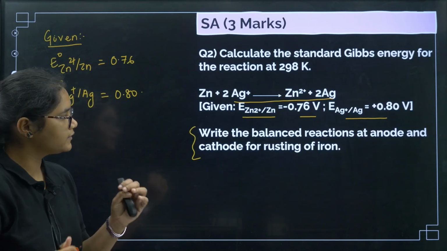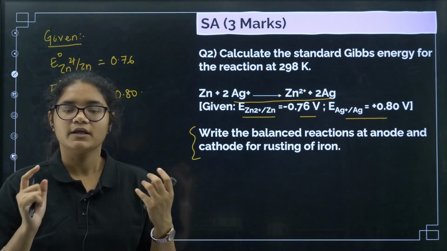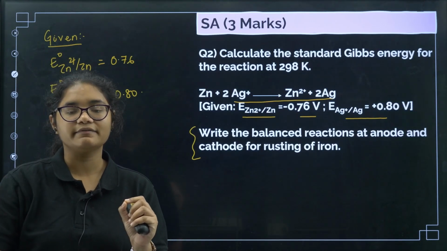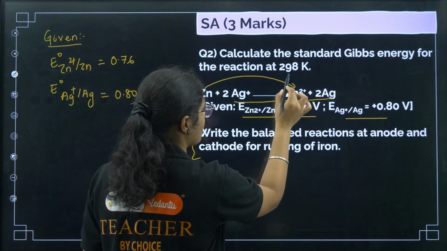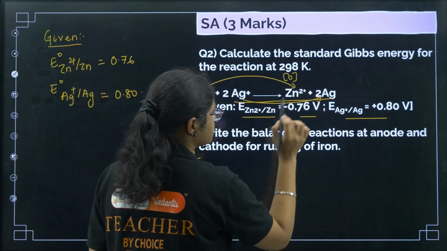For calculating the E naught value, first we need to identify which is cathode and which is anode. Always remember, the one which undergoes oxidation is anode and the one which undergoes reduction is cathode. Now if you see, zinc is undergoing what? Oxidation. So zinc will be anode and this one is undergoing reduction, so this is cathode.